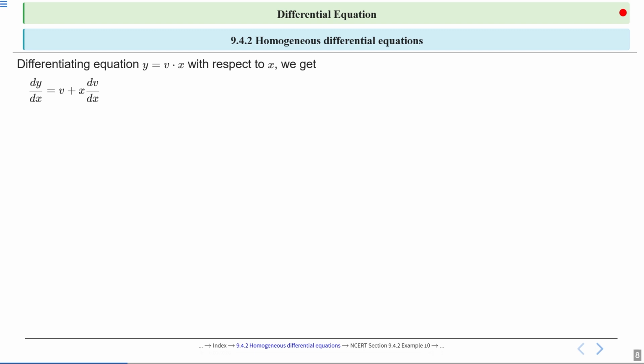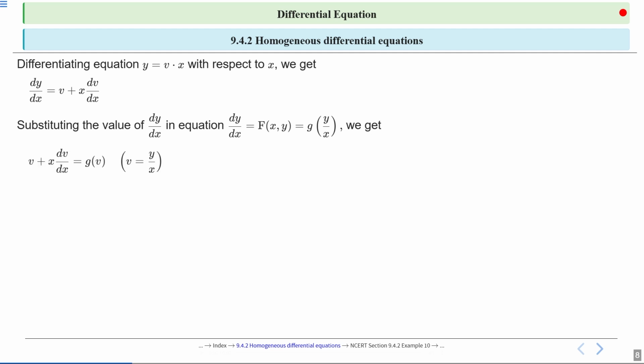Now we have the value of y, that is vx, and dy by dx, that is v plus x dv by dx. So we substitute the value of y and dy by dx in the original equation, that is the homogeneous differential equation dy by dx is equal to f(x, y) is equal to g(y by x). So just replace y is equal to vx and dy by dx as v plus x dv by dx.